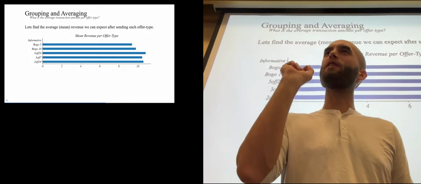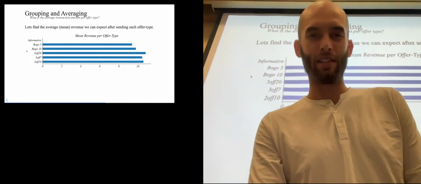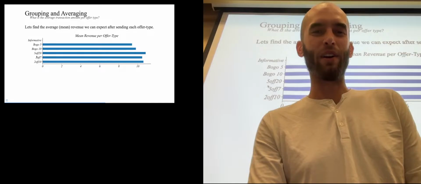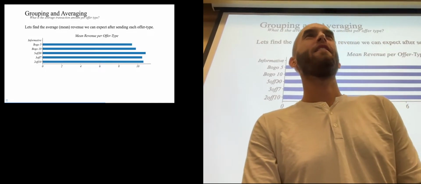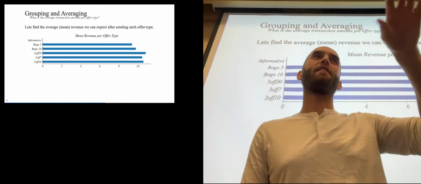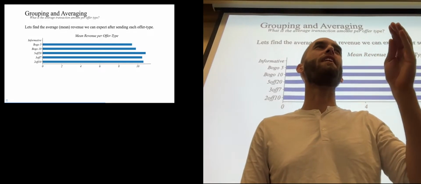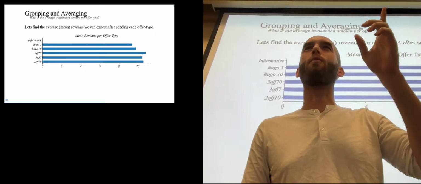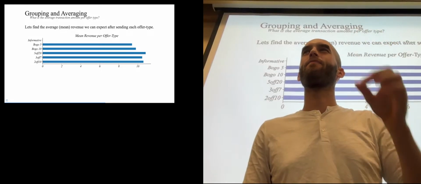But I want to point your attention to one particular thing. Look at this. So we have this offer, it's $5 off of 20. So you have to spend $20 to get the $5 off. So how can it be that the average is below 20?